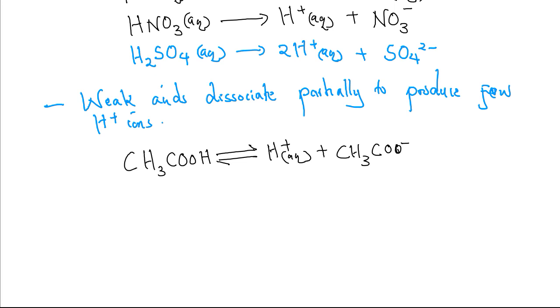What is formed as the second product can still dissociate further. That's why we are saying it is partial dissociation. We also have the well-known weak carbonic acid.